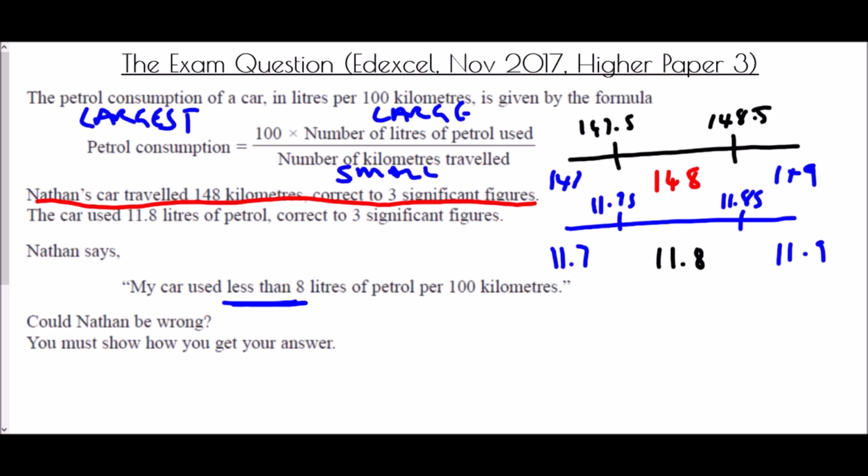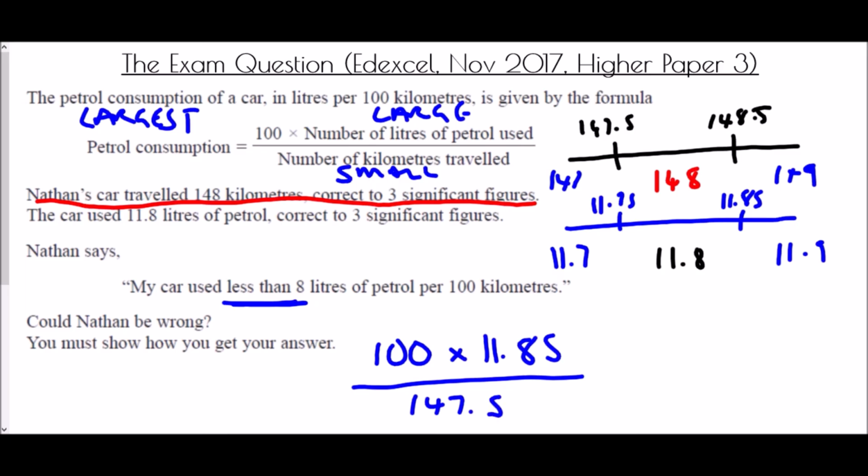And so we are going to take 100 and multiply it by the largest possible number of litres. And so the largest possible number of litres was 11.85, and we're going to divide it by the smallest possible number of kilometres travelled, 147.5.